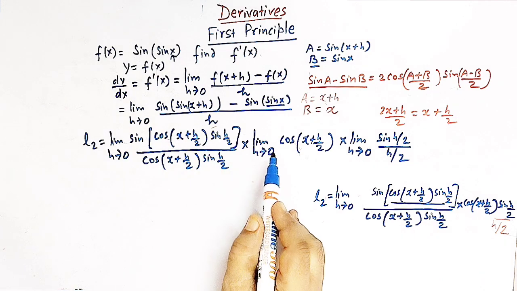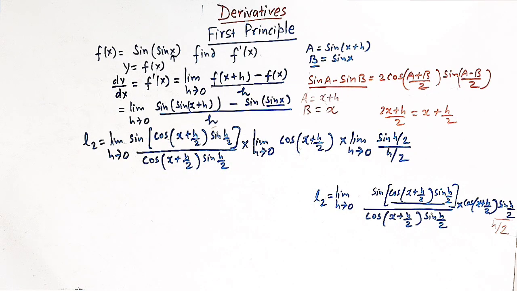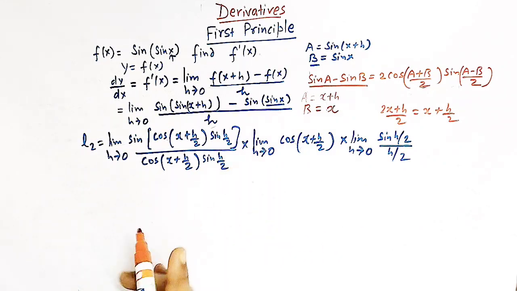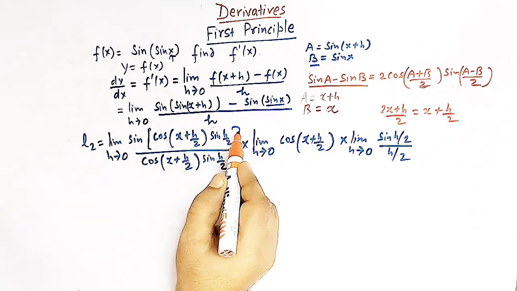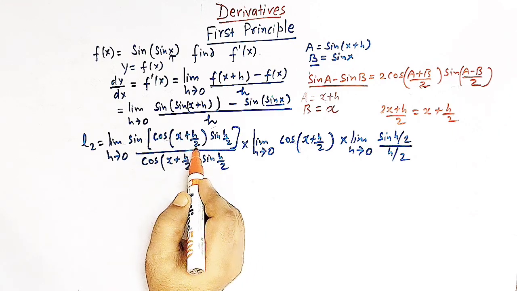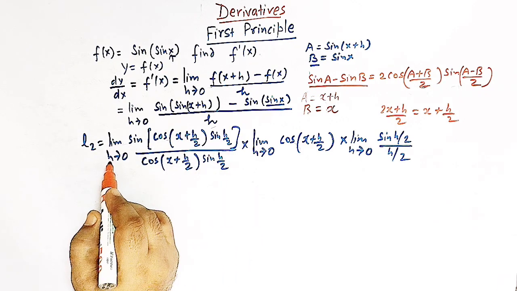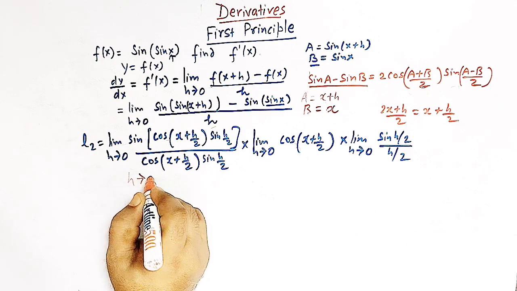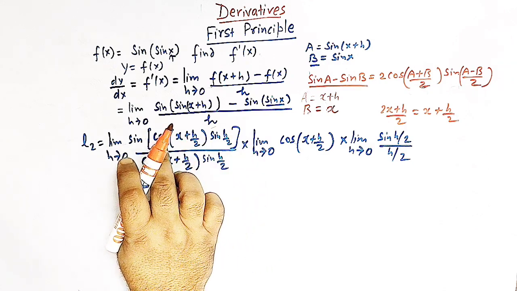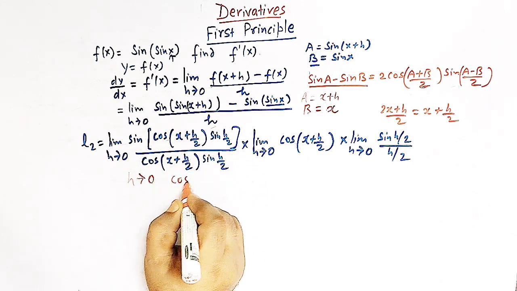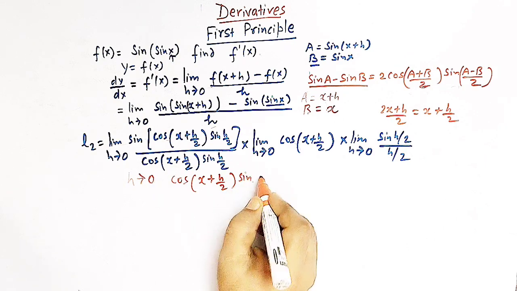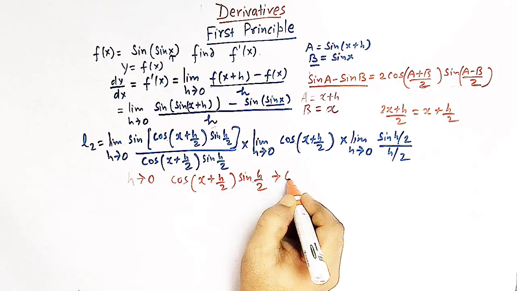So now we have the product of three limits. Let us evaluate these three limits one by one. Here we have sine of this term over this term, that is cos x plus h over 2 sine h over 2. When h tends to 0, this term also tends to 0.